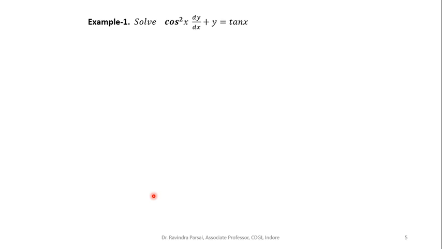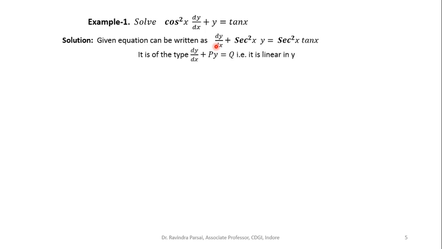Let me come to an example on this topic, to show how you can apply this method for solving problems. First of all, the given equation can be written by making the coefficient of the first order derivative unity.